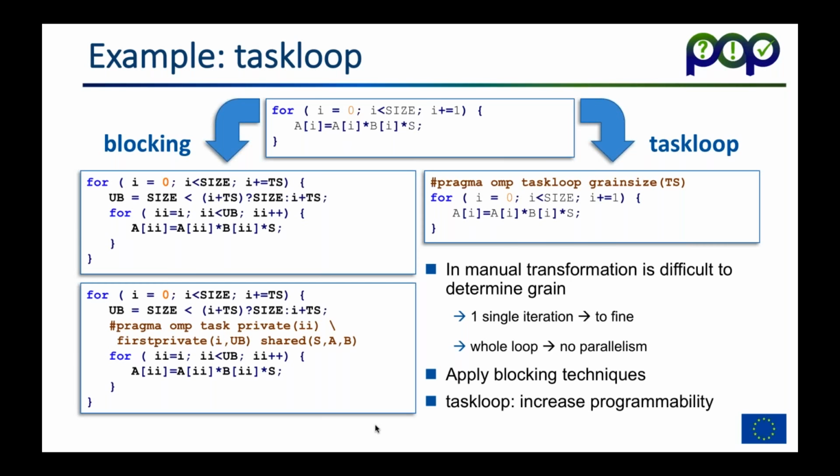Of course, the OpenMP standard specifies what tasks should do, then there's the implementation. You can have a better or worse implementation, and not all implementations are available on all architectures.